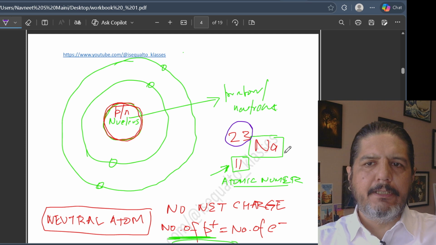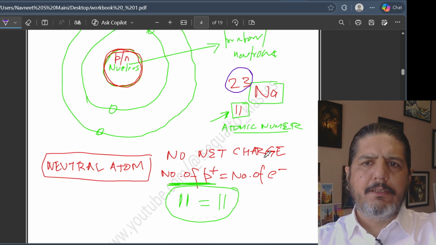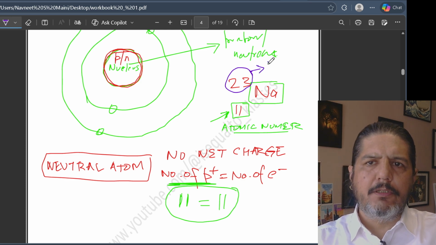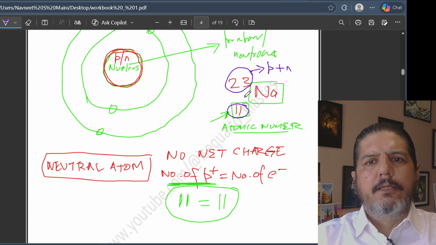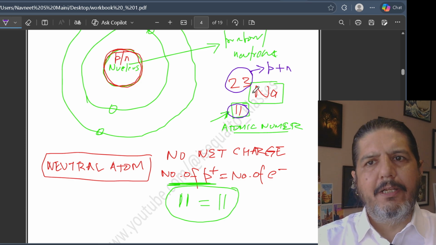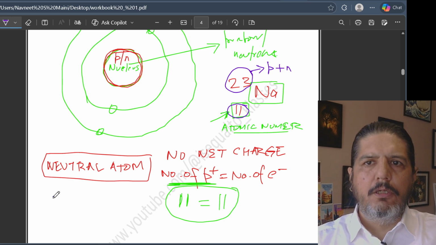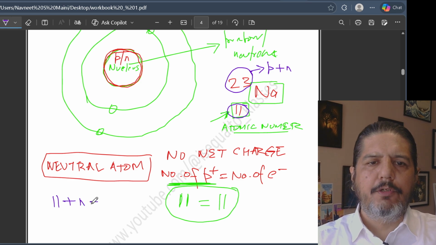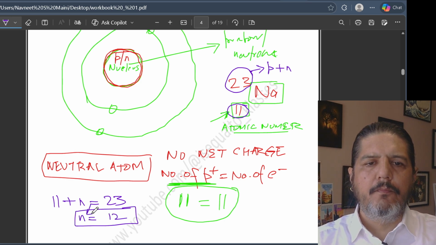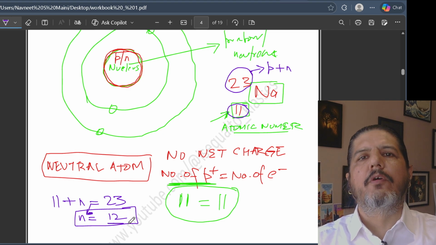In this case, you will have to do basic maths. This 23 is the number of protons plus the number of neutrons. The number of protons is 11, so 11 plus neutrons is equal to 23, and the number of neutrons would be equal to 12.